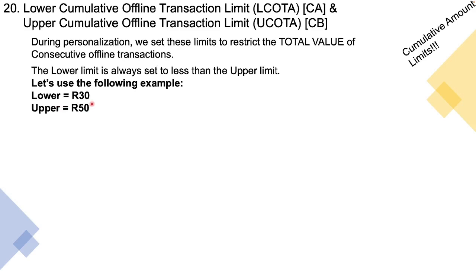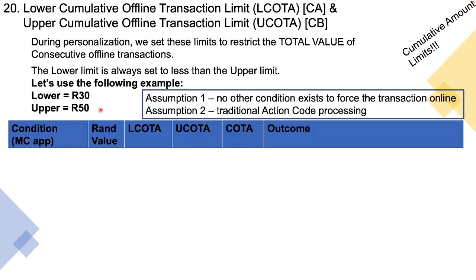So we've got an LCOTA value of 30 Rand and a UCOTA value of 50 Rand. Once again, we're making a couple of assumptions. Assumption 1, there are no other factors influencing the decision for a transaction to go online. In this particular scenario, it seems that only LCOTA and UCOTA will force a transaction online.